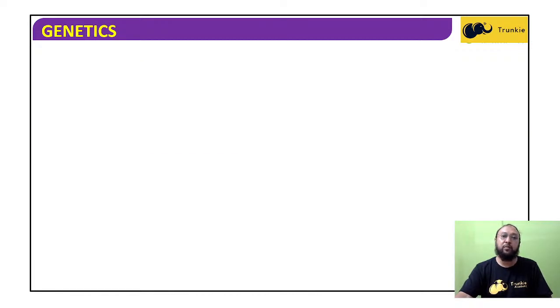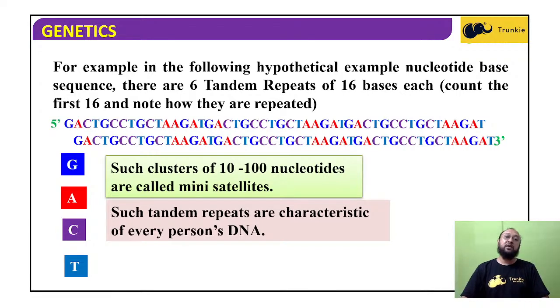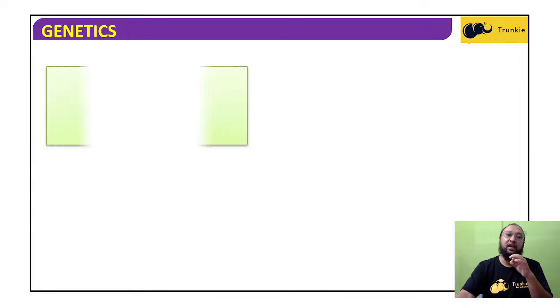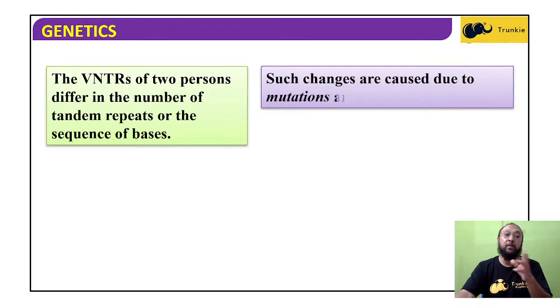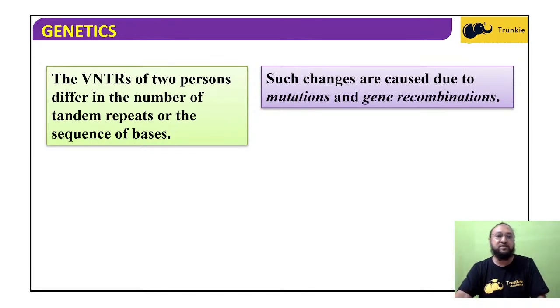Another point I would like to tell you: in satellite DNA, there is micro and mini. Apart from the mini, there is micro also, and we have the VNTR, which forms the basis. Two persons differ in the number of tandem repeats or the sequence of bases. Such changes are caused due to mutation and gene recombination.